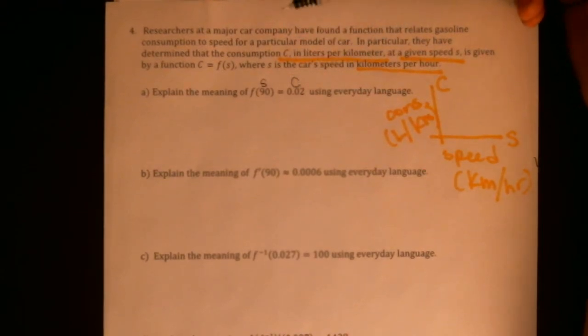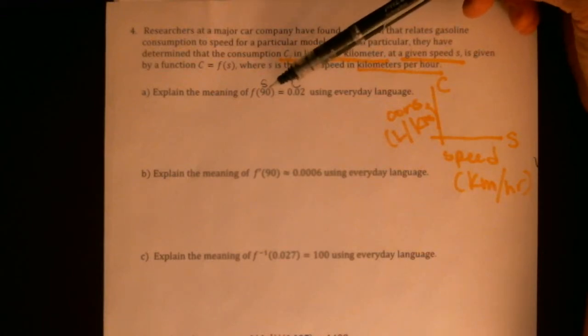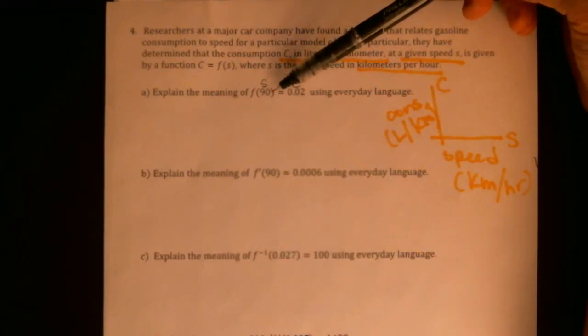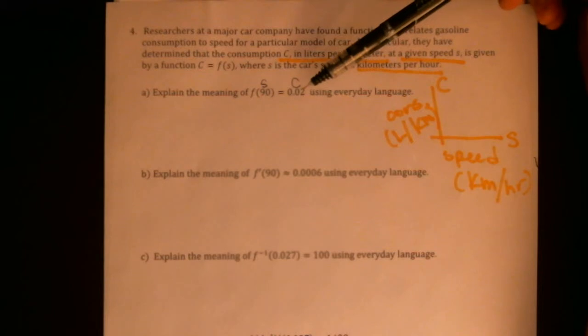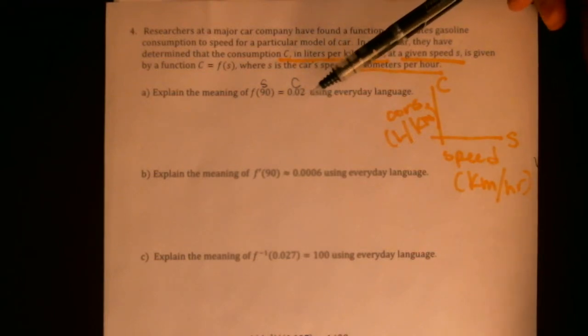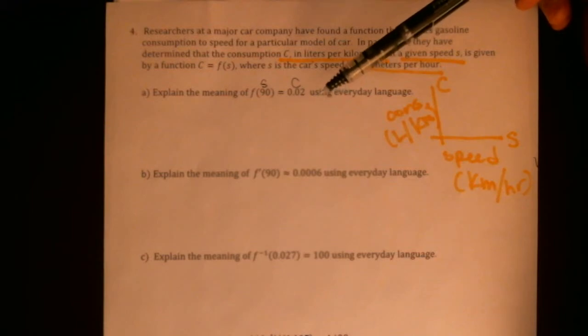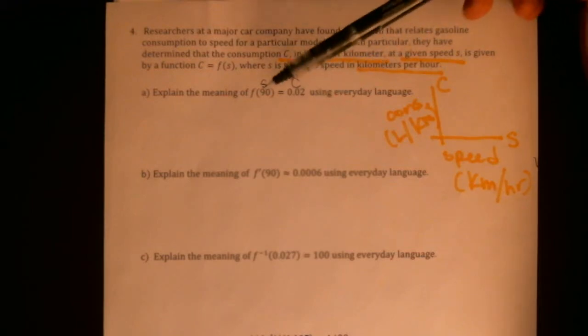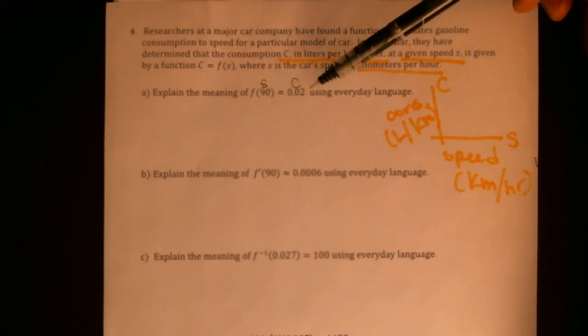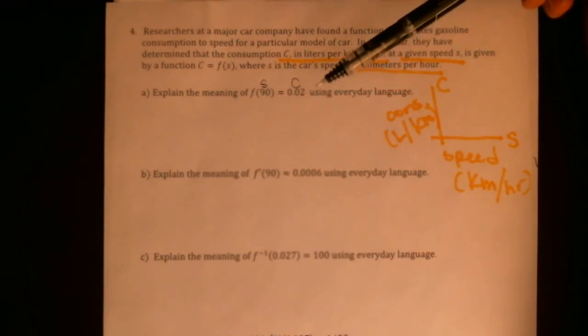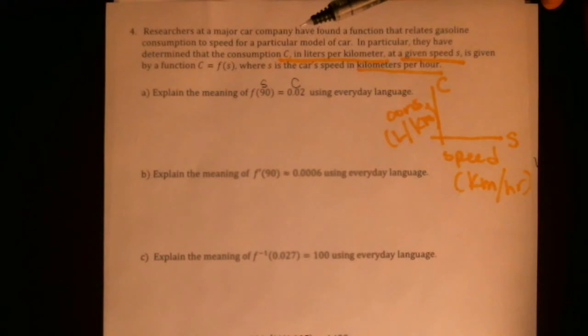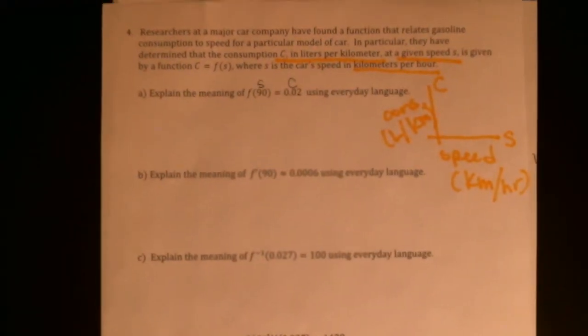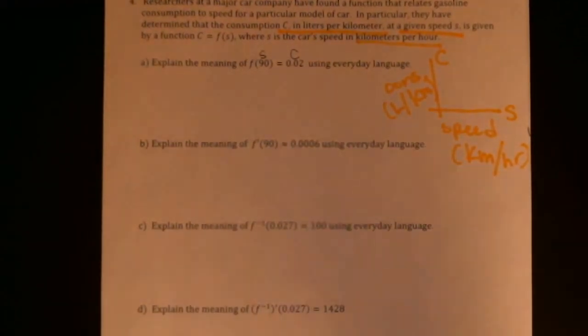So if the car is traveling at 90 kilometers per hour, it should be consuming 0.02 liters per kilometer. So that's what that very first one is. At 90 kilometers per hour, the car consumes 0.02 liters per kilometer. Okay, so that one wasn't a slope, but we're getting there. I think the next one is.